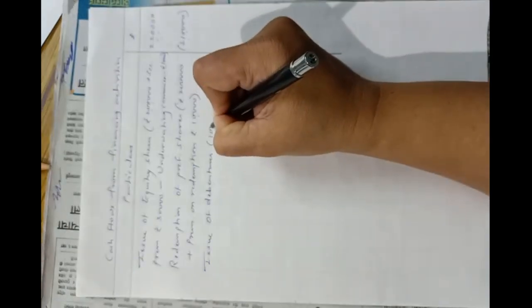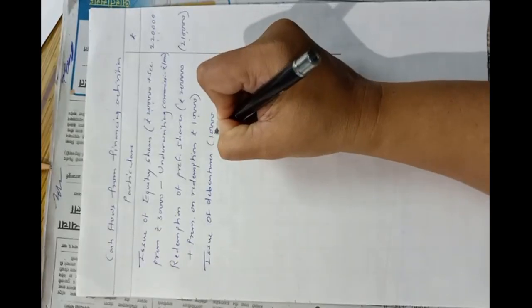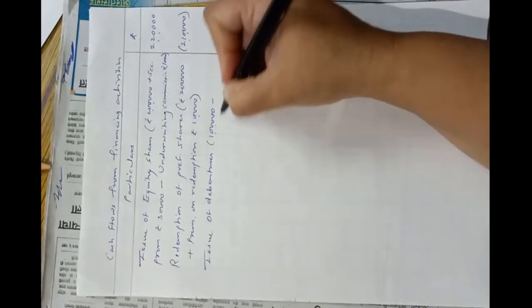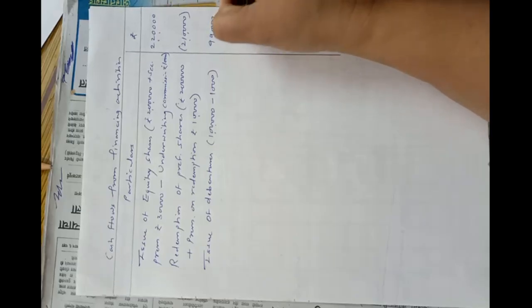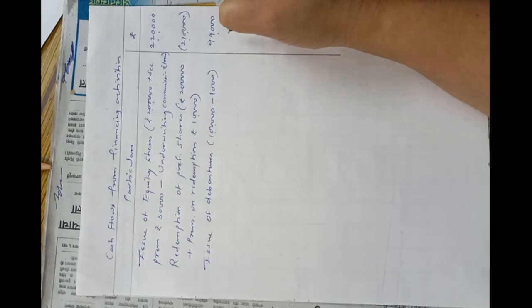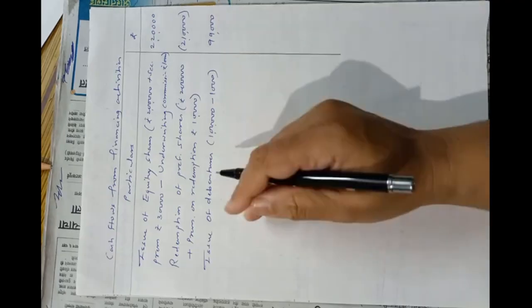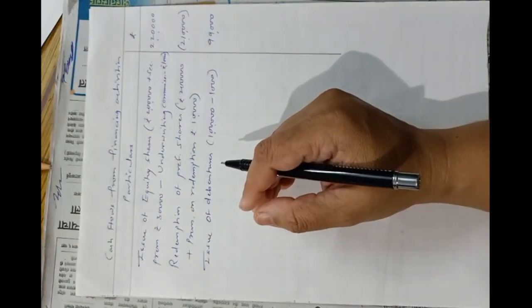So 1 lakh is the amount of issue minus 1% of 1 lakh, which is 1,000, that is the discount. So the amount received by issuing debentures was 99,000. Okay, now the next point.